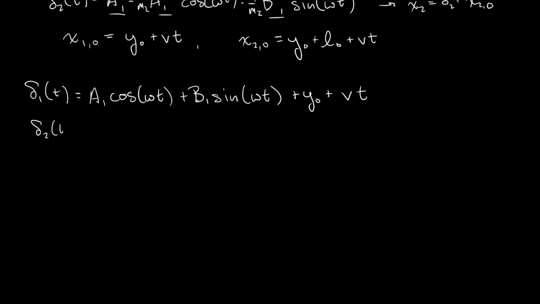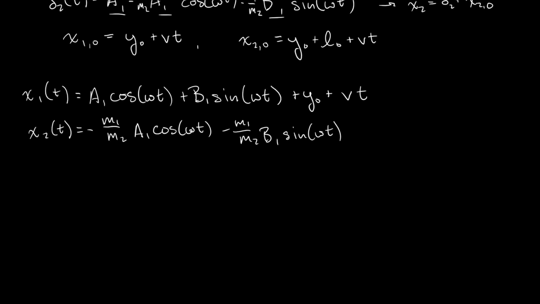And then delta 2 of t is similar, m1 over m2, cosine, oh, forgot my constant, cosine omega t, and these should be x1 and x2, sorry. x1, x2, plus, minus m1 over m2, b1 sine omega t, plus y0, plus L0, plus vt.